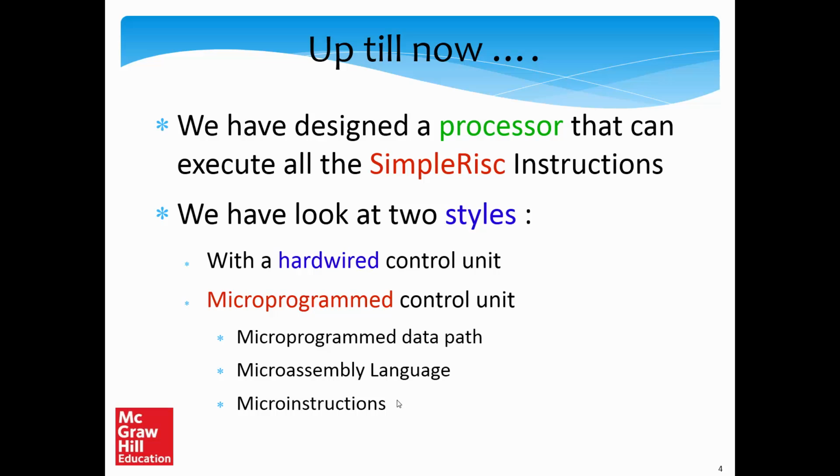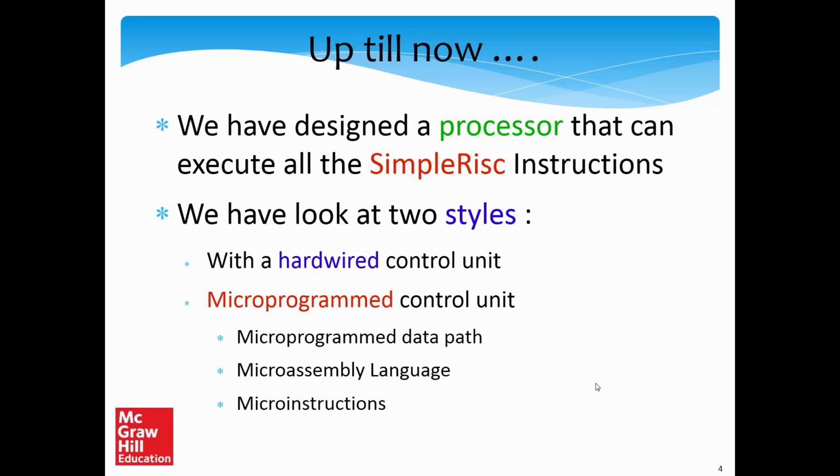Up till now, we have discussed the design of a simple processor to execute the simple RISC instruction set. We have looked at two kinds of styles. We have looked at a processor with a hardwired control unit, which is faster. And we have also looked at a very flexible processor in which even the implementation of instructions can be changed.